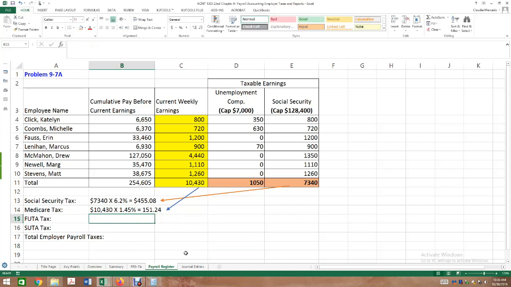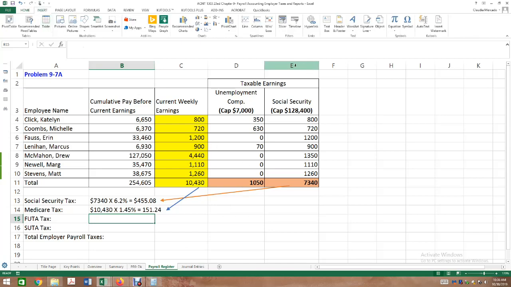Now we're going to do our FUTA tax. For our FUTA and our SUTA, we're going to be using our unemployment compensation information.